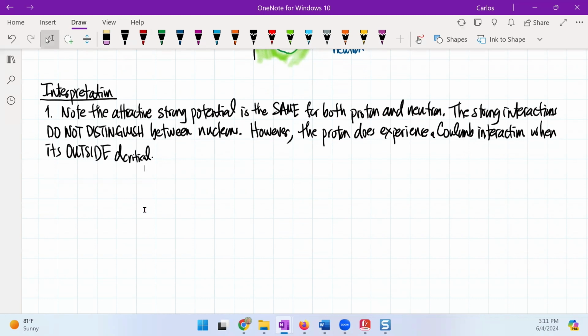These potential wells are tricky, and there's a lot of details, so we need to start to simplify these things. So that's what we're going to do now.